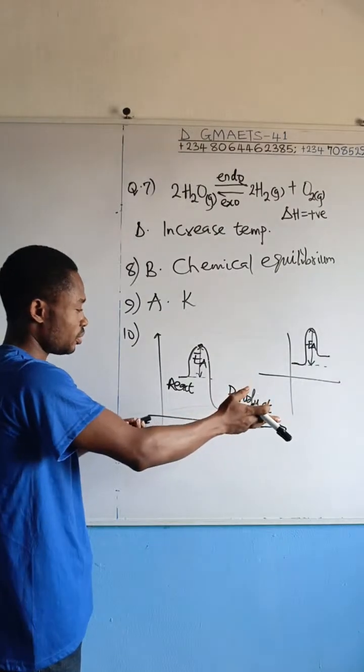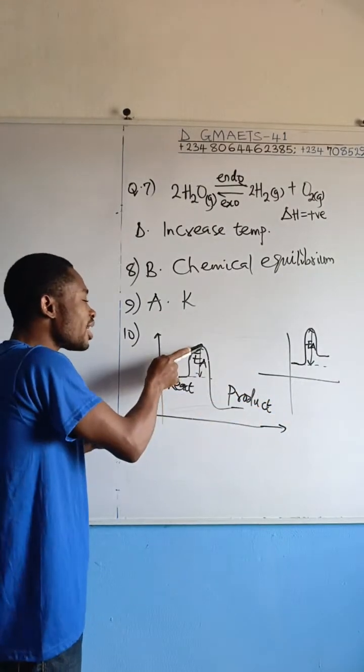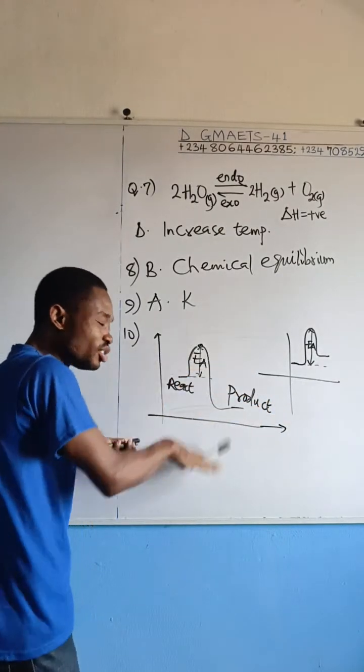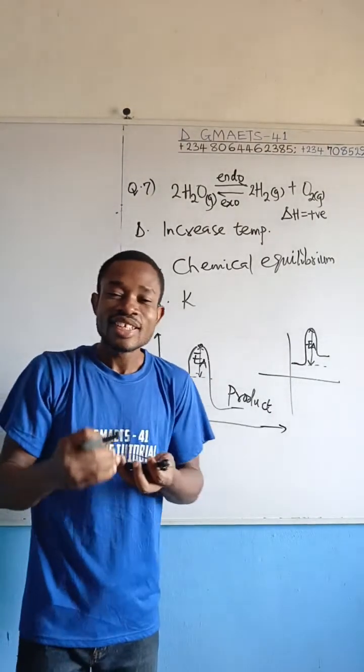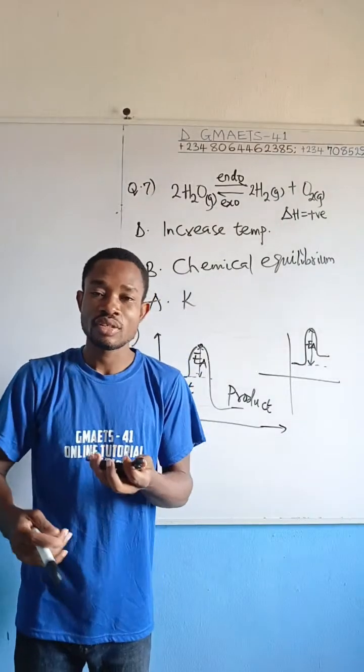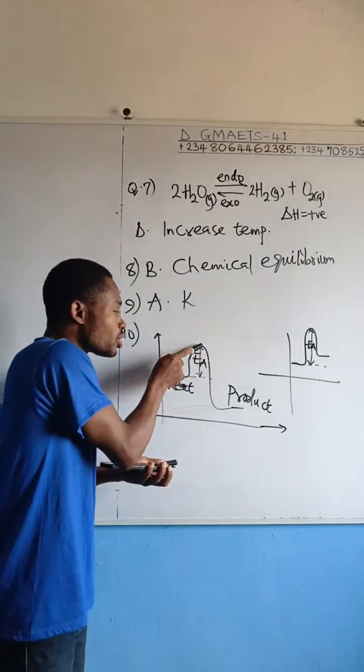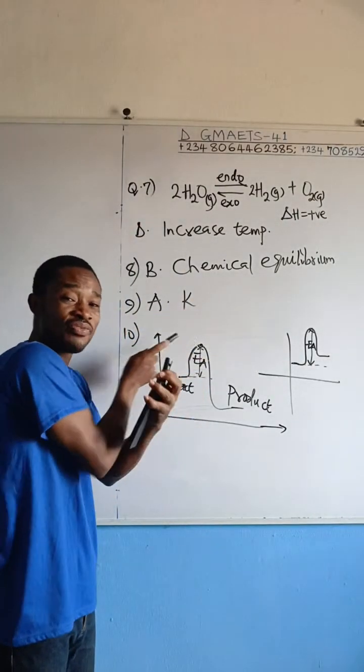So if this activation energy is reduced, it means that the reactants don't need too much energy to get to this point. We call this point the activated complex.